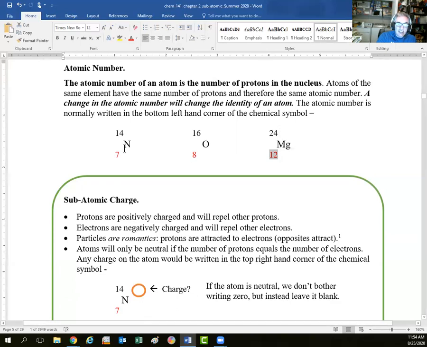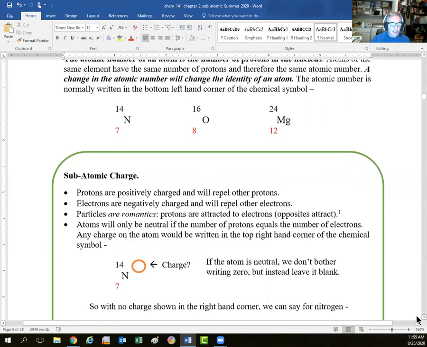Only atoms of nitrogen have 7 protons. Only atoms of oxygen have 8 protons. And only atoms of magnesium have 12 protons, I beg your pardon. The mass might be the same as the mass for other elements, but they're not going to have the same number of protons. That is absolutely unique for the atoms of an element.